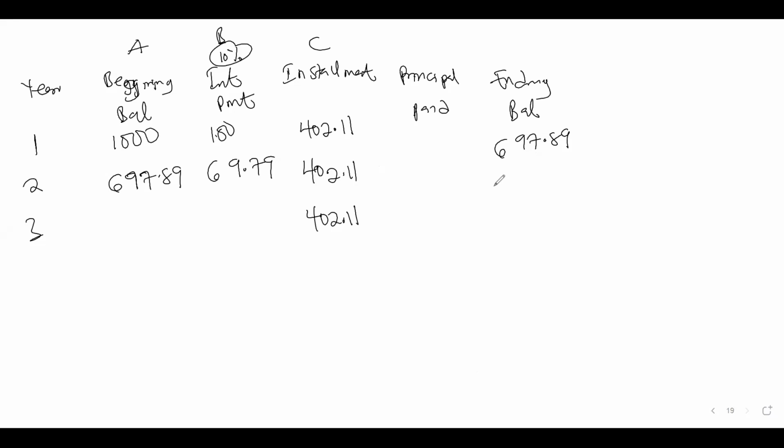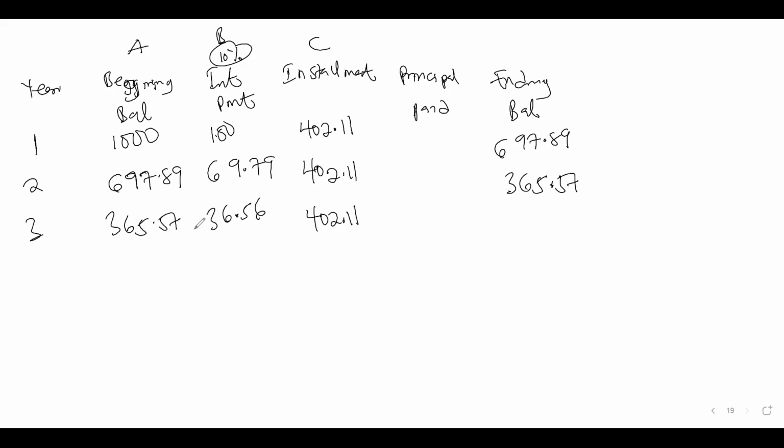Your ending balance should be 697.89 plus 69.79 minus 402.11. Your ending balance should be 365.57. We find 10% on this, that would be your interest, 36.56, to 2 decimal places.